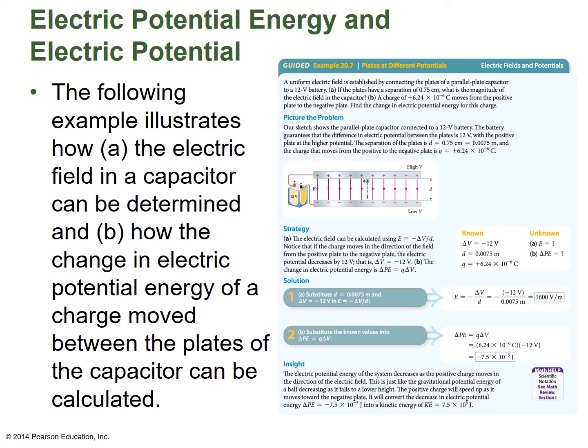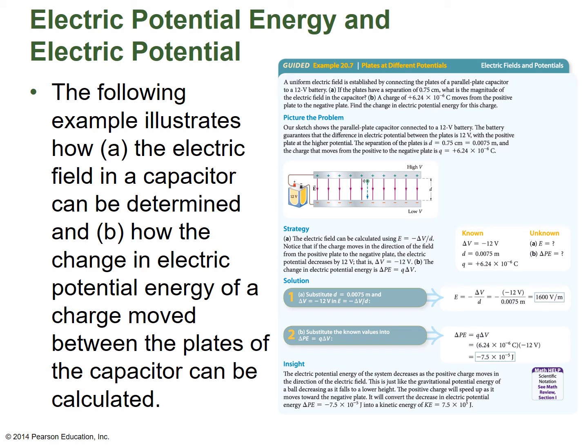In this example, in part A, we will see how the electric field in a capacitor can be determined, and in part B, how the change in electric potential energy of a charge moved between the plates of the capacitor can be calculated. As you see in this picture, we have a positive plate, which means high voltage, and a negative plate, low voltage.